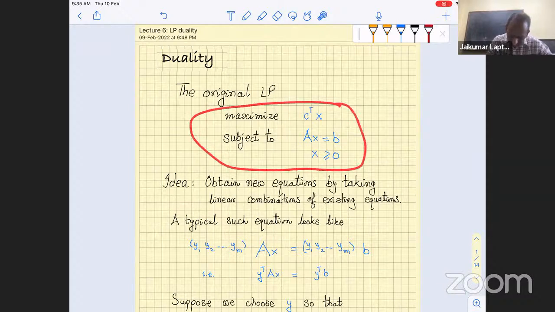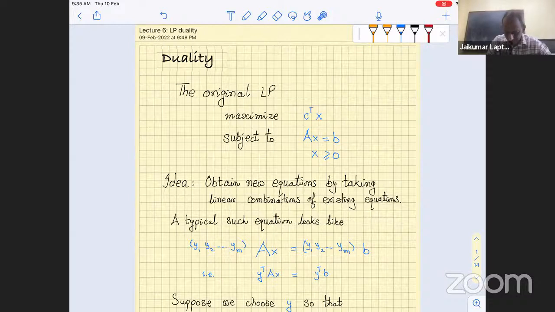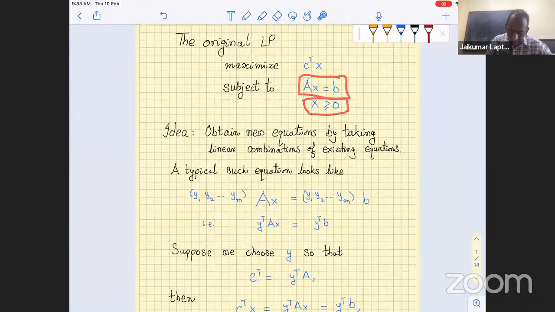So it looks like this. We try to maximize some objective function subject to a set of equalities and non-negativity constraints. Now, suppose we have these equalities.